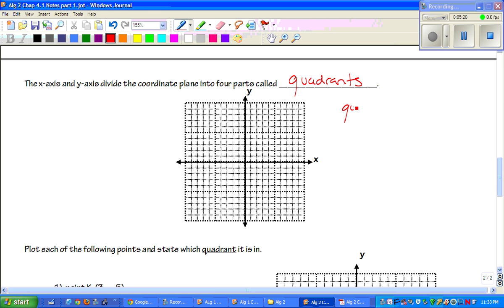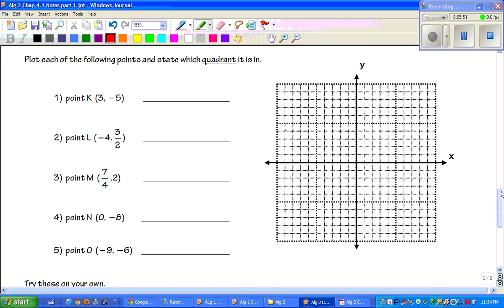quadrants, okay? Some of you guys might know that the word quad means 4, okay? And when we're labeling those 4 parts, this is how they're numbered. This is our first quadrant, our second quadrant, the third quadrant, and the fourth quadrant, okay?